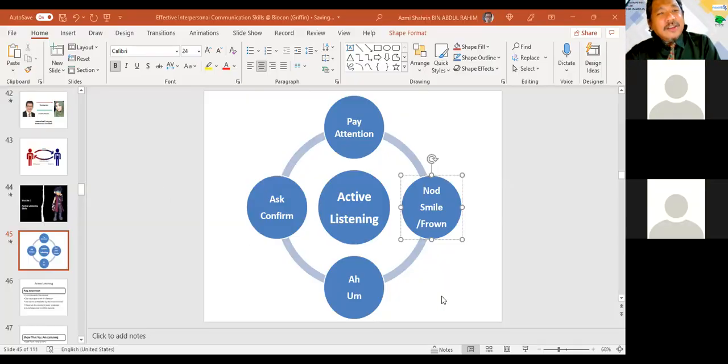Okay, so how do you pay more attention to the person who is sending the message? Selain daripada mengangguk-angguk and either to smile or to frown, in relation to the message that was delivered to you. The third thing that you can do when you are applying active listening to understand more, to let you hear more, is to punctuate by using words such as sounds such as, bila mendengar, bukan bila cakap, bila mendengar.